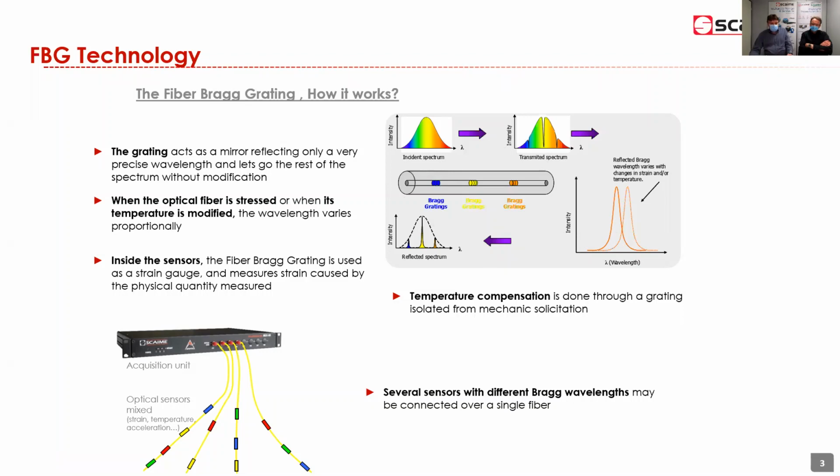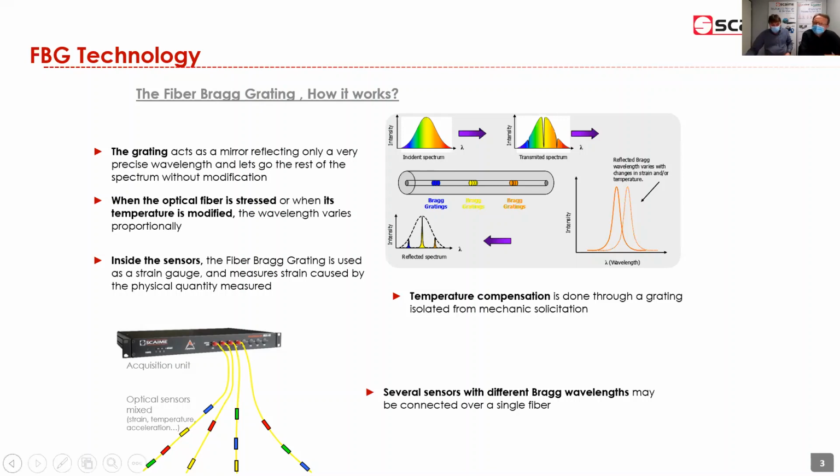In our systems, we are limited to 16. I will come back to this in a few slides. We decided to limit it to 16, but in real life we will see that usually we are around 10, and it really depends on what we want to measure and how we want to measure.